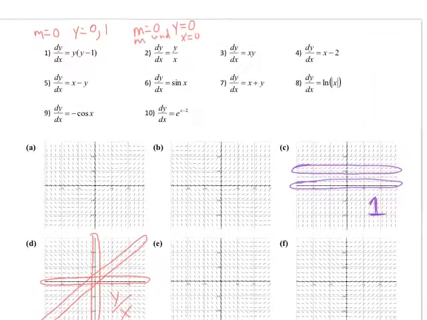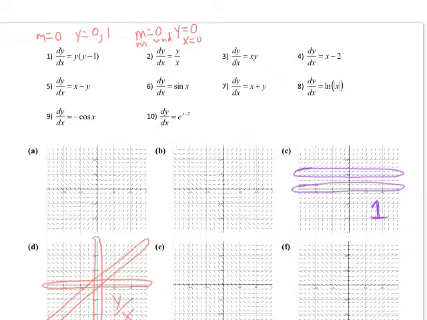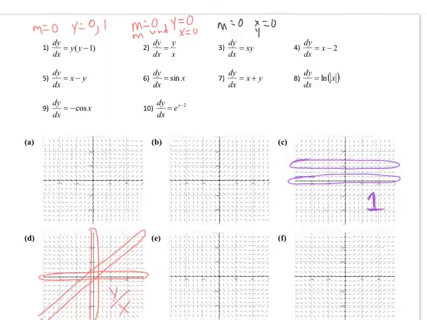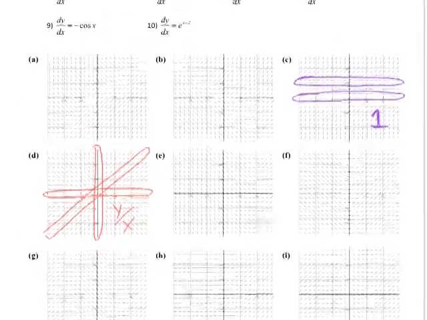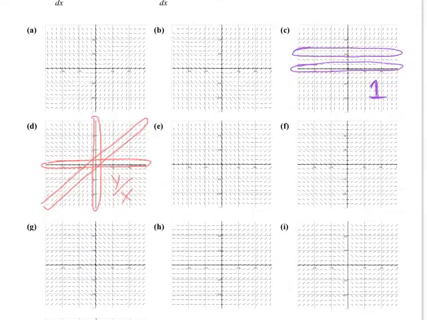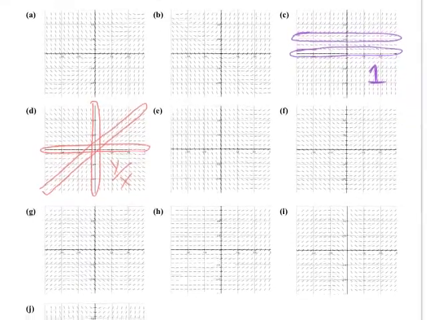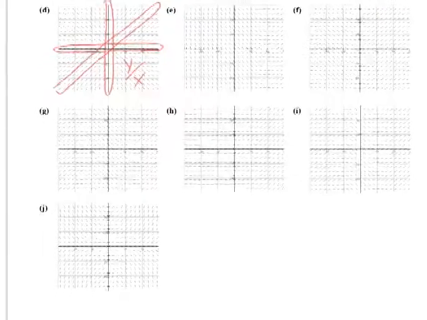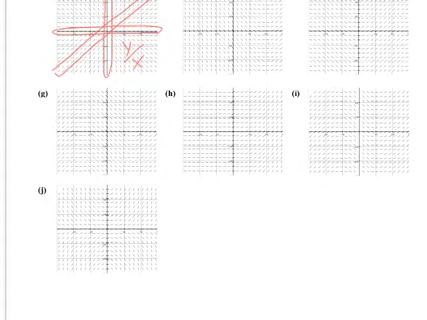So this matches up with y over x. Okay, the next example, x times y. In this case, we're going to get a slope of 0 when either x or y is equal to 0. So we're looking for flat spots along the axes, and not graph A, not graph B, not graph C or D. Looks like graph J. We have 0 slopes on this axis and 0 slopes on this axis.